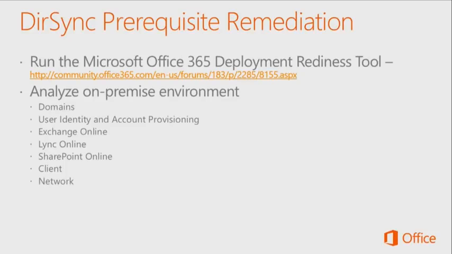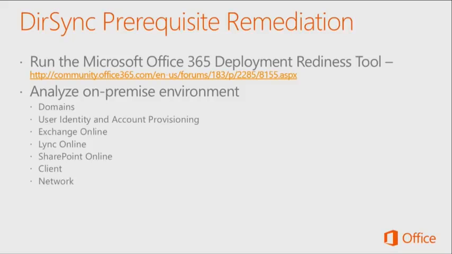It's going to check how many Active Directory controllers you have, how many Exchange servers you may have. It's going to give you all kinds of good information if you run this tool first. And you need to fix any problems that it discovers before you install the DirSync tool.